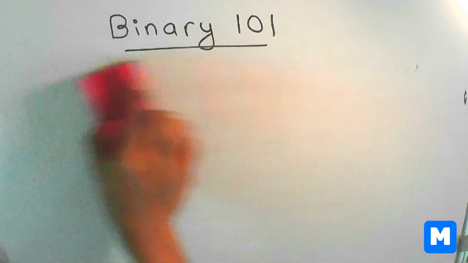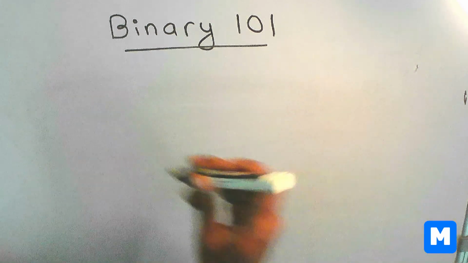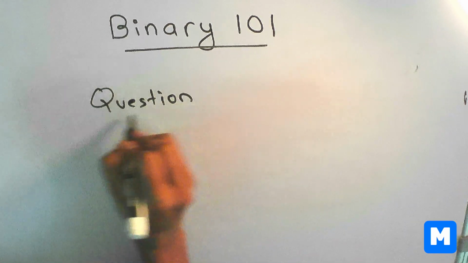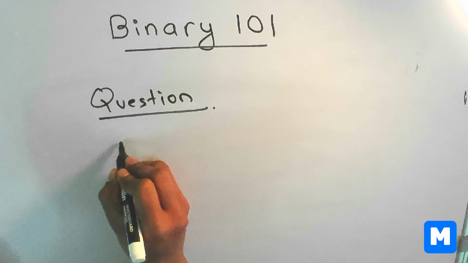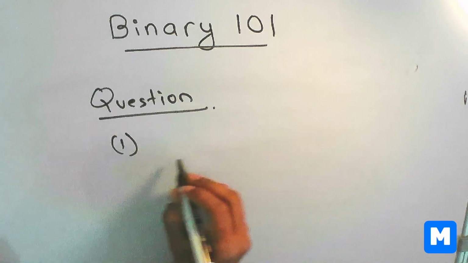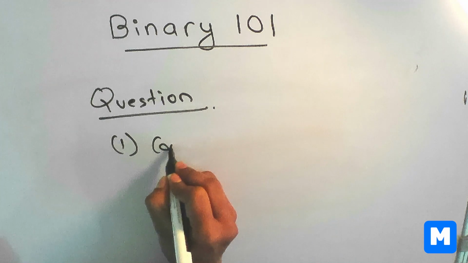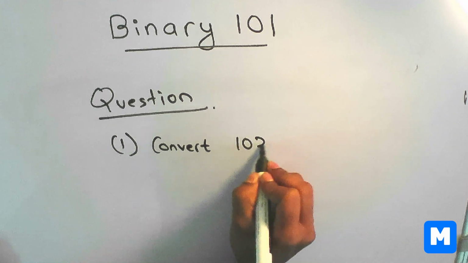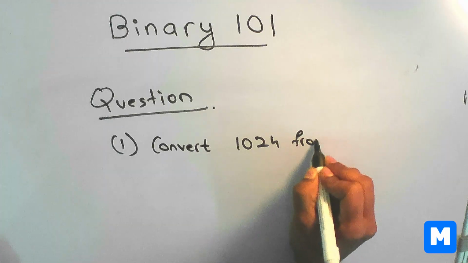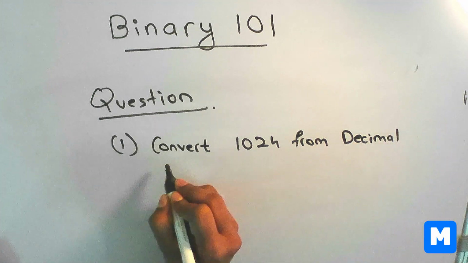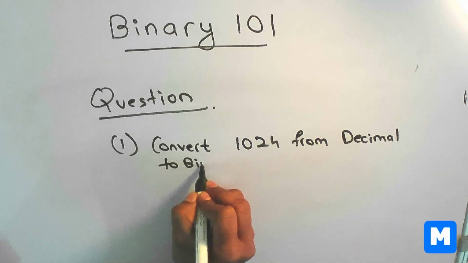Now, since we learned both the conversions, here are a few questions. Let's do 3 questions, and make sure you answer in the comment section. First, convert 1024 from decimal to binary system.